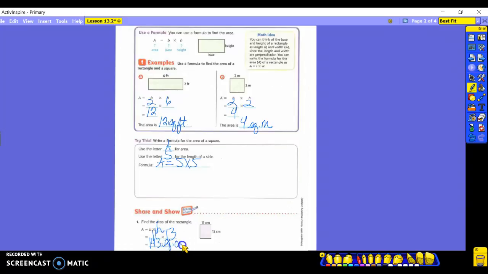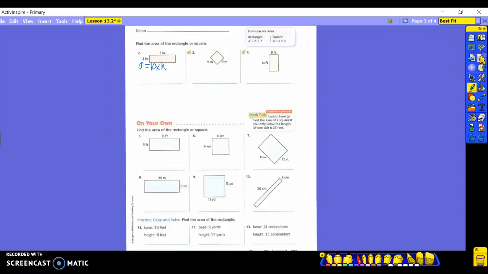Square centimeters. And like I said, I will let you abbreviate those units. Going on to number 2. Chase, what'd you do here? So 7 times 2. So 7 he's choosing as his base and 2 as his height to get 14 square inches.